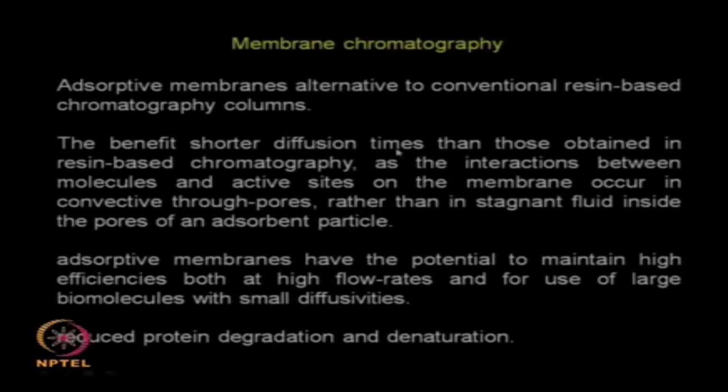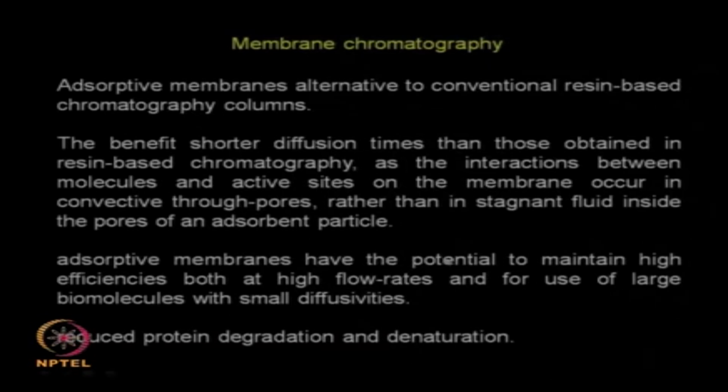It is shorter diffusion time when compared to resin based chromatography, because the interaction between molecules and active sites on the membrane is through convection, that means flow, whereas in a normal chromatography there is a stagnant fluid inside the pores of an adsorbent material or particle. So the diffusion coefficients are much slower, so the diffusion times are much larger.